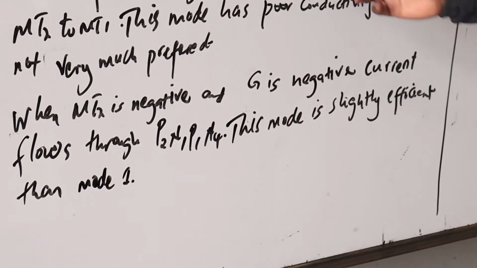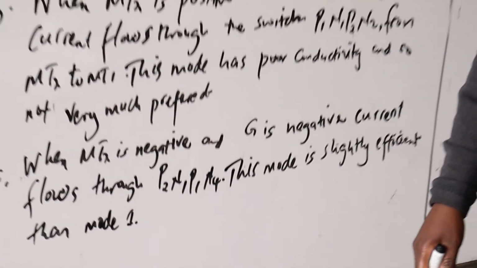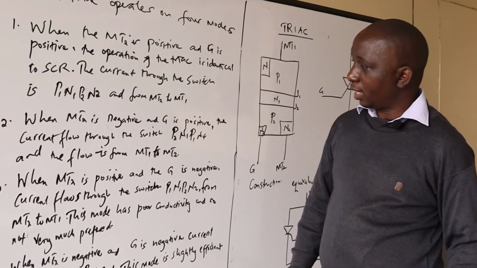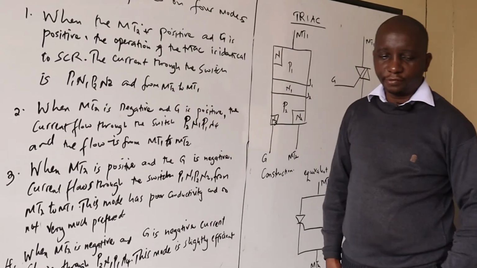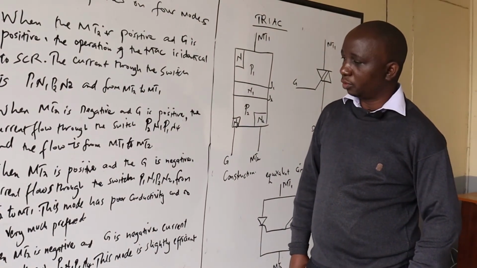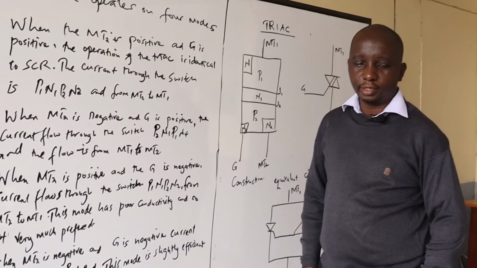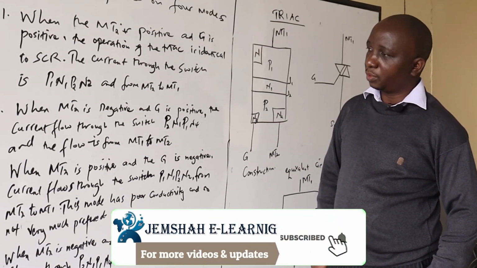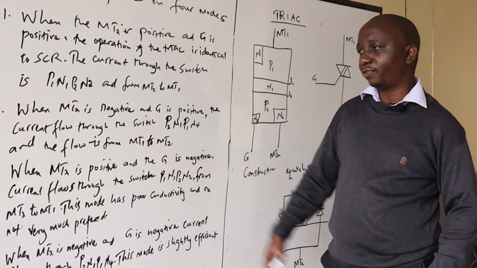So these are the four modes that the Triac operates in. So when you're asked to identify the modes that are preferred, then we only have mode 1 and mode 4 being the preferred modes of operation. And therefore, mode 2 and mode 3 are not preferred.